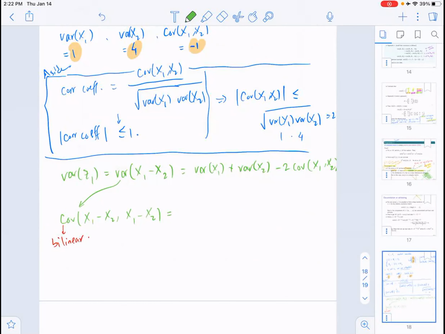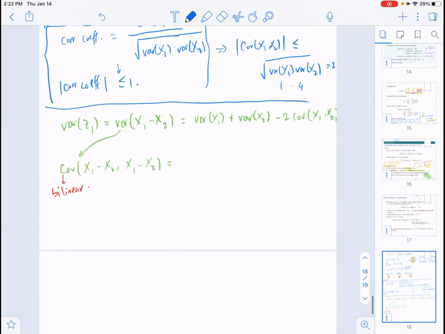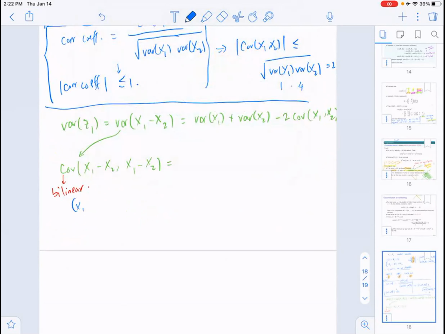Does that mean that we can separate each term into covariance of X1 minus covariance of X1, X2? Yes, exactly. You can treat this as if you're multiplying these two terms, the way that you distribute, like X1 times X1 minus X1 times X2, as if we are expanding this. Minus X2, X1 plus X2, X2.